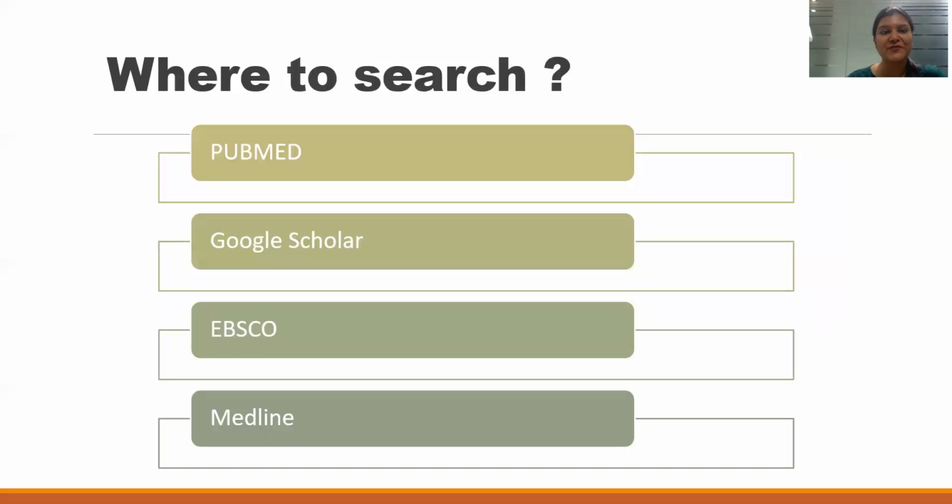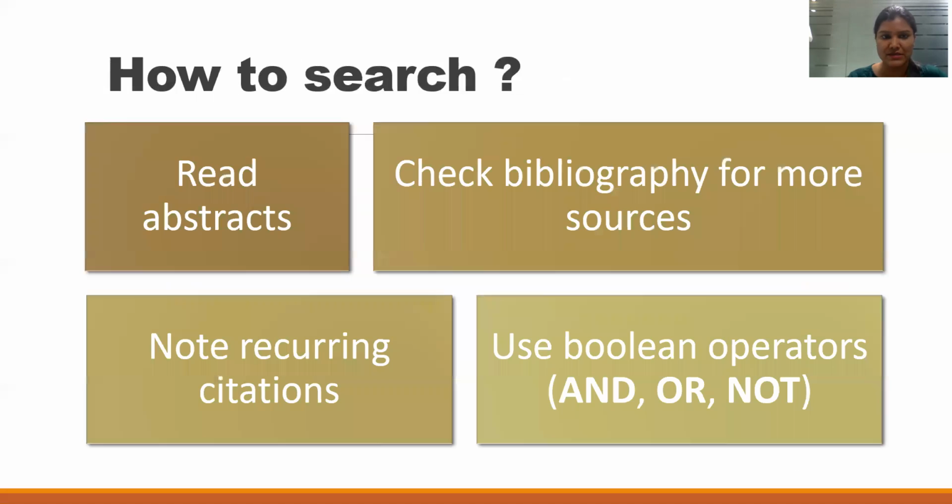Google Scholar will have all the scholarly articles. PubMed is a medical database where you will find all the relevant literature which has been published. And EBSCO is a synthesis of all the journals present in one place. So you can even go and search in the EBSCO database.